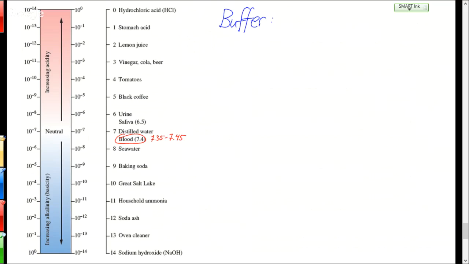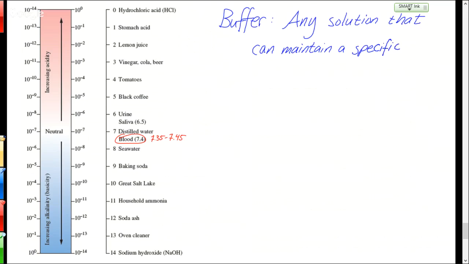A buffer is any solution that can maintain a specific pH.